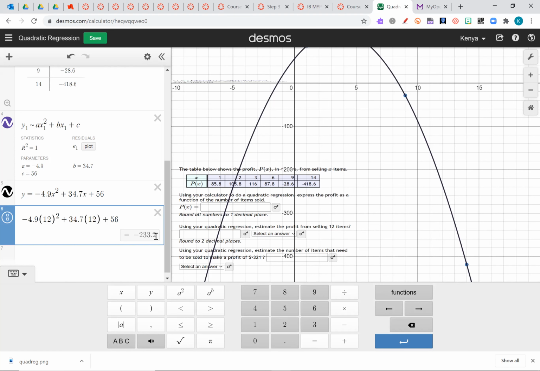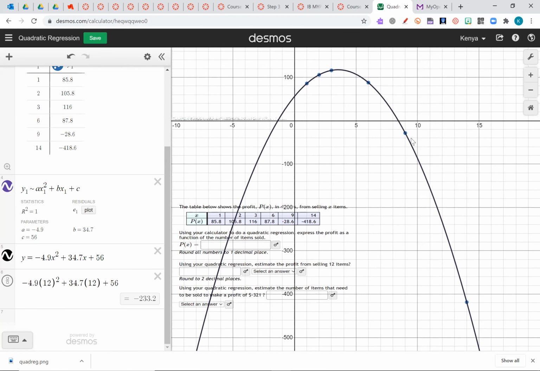Another way to get this answer is here's your graph. I need to know what 12 is. So I go to the number 12. So this is 10, 11, 12, and come down to the function at 12. And there goes our answer, negative 233 and 20 cents. And like we said before, you can also create a table.